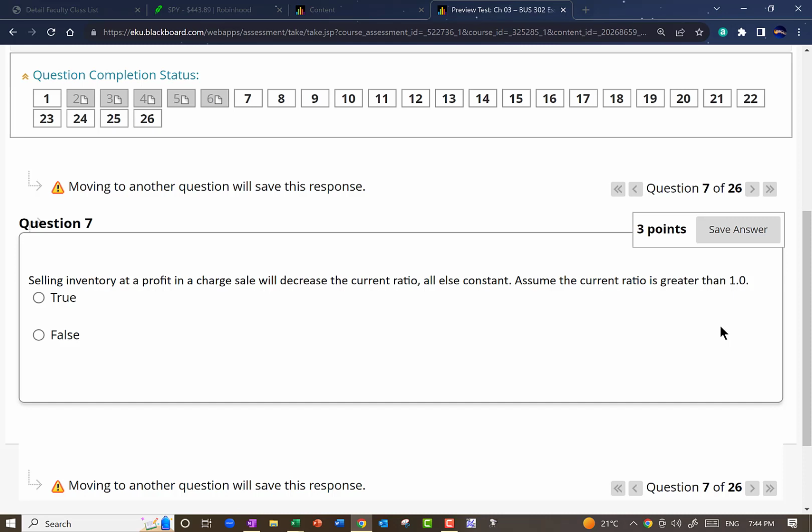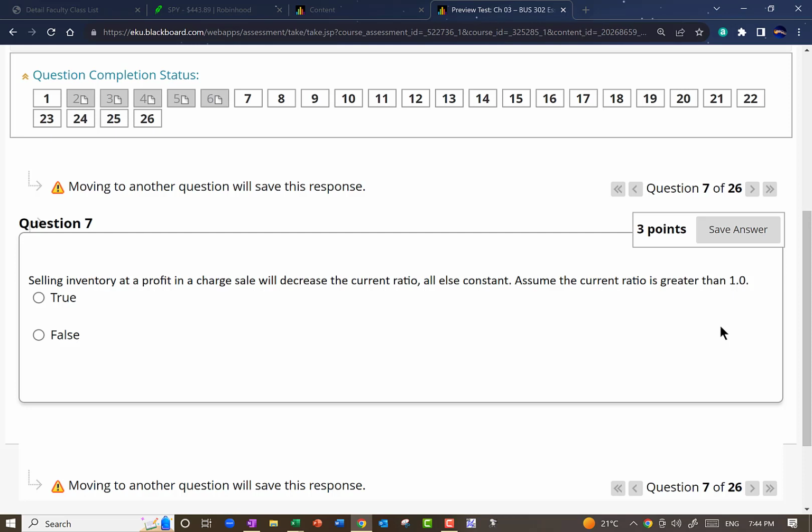But you're selling it at a profit. Does that decrease or increase the current ratio? Yes. Let's say false.